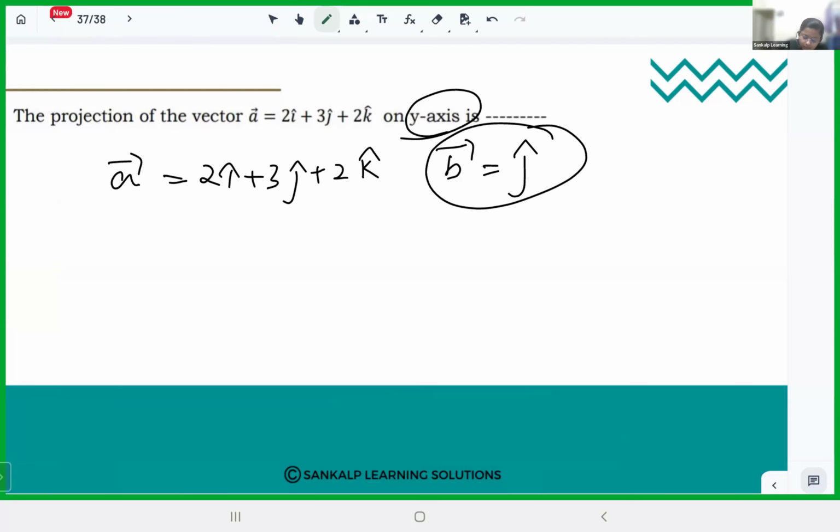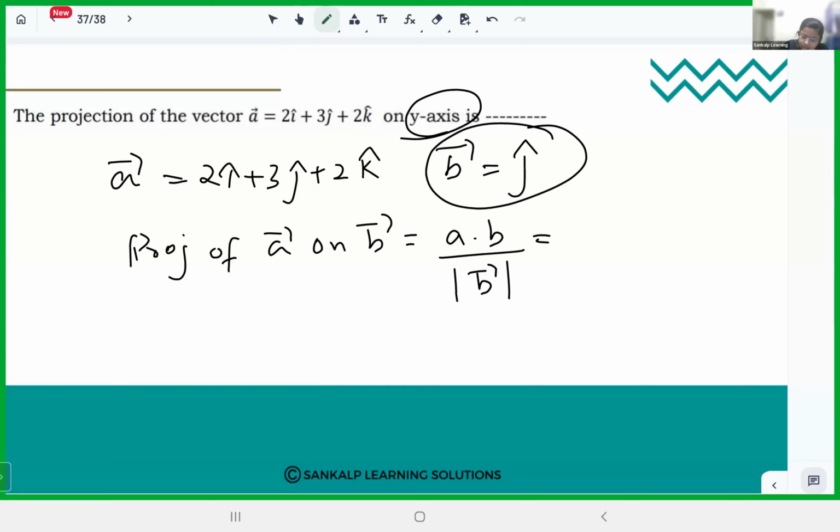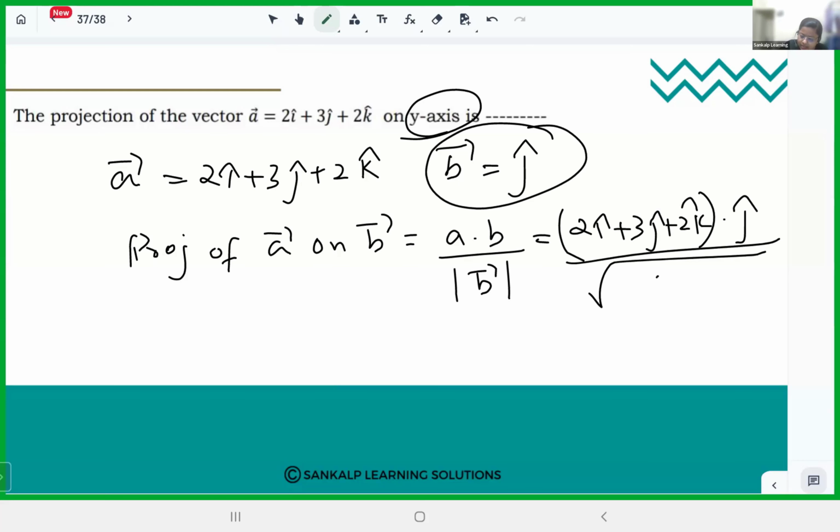So how will you do this? We know the projection of vector a on vector b is equal to a dot b by magnitude of b, right? So this is equal to 2i plus 3j plus 2k dot j divided by magnitude of j, which is 1.